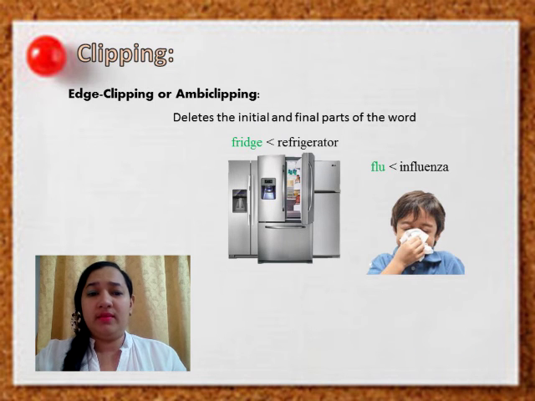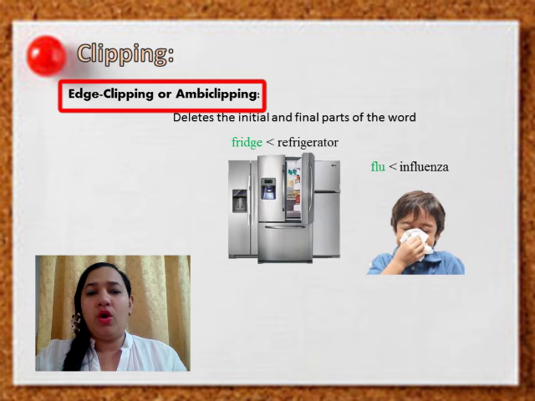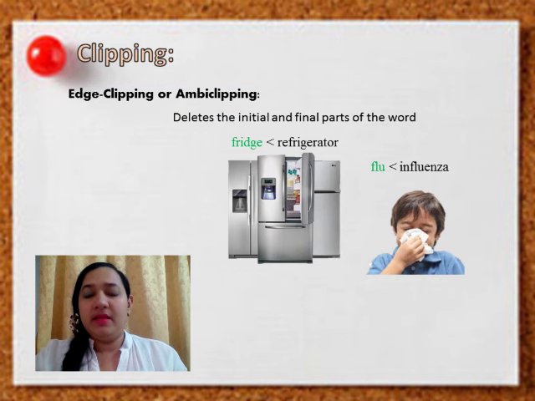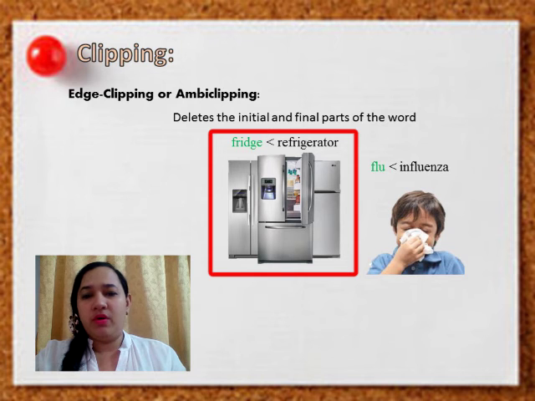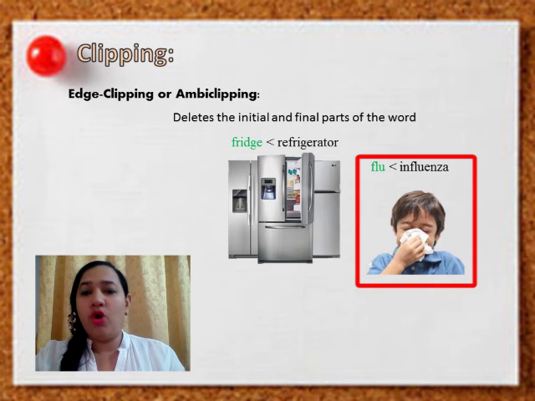The next one is edge clipping or ambi clipping. It deletes the initial and final part of the word, preserving only the middle portion of the word. For example, fridge for refrigerator, or flu for influenza.